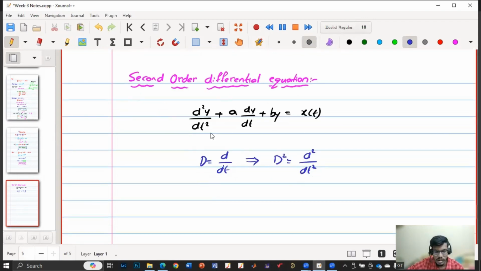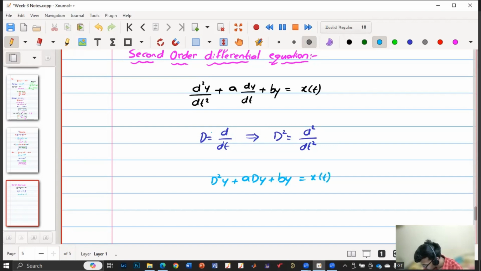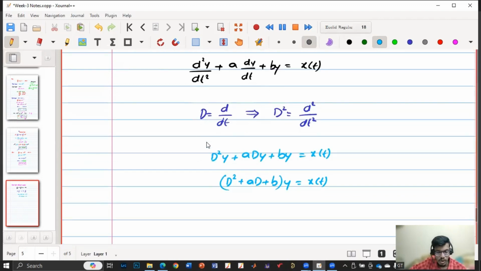If I substitute this operator, we'll get D square y plus a D y plus b y is equal to x of t. If I take y common, we'll get D square plus aD plus b into y is equal to x of t. So again, I got some equation.